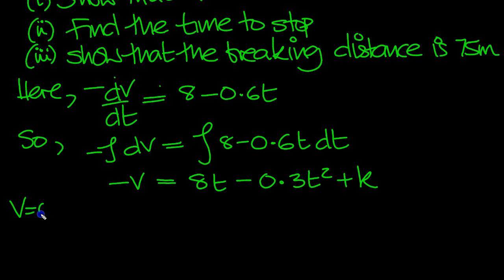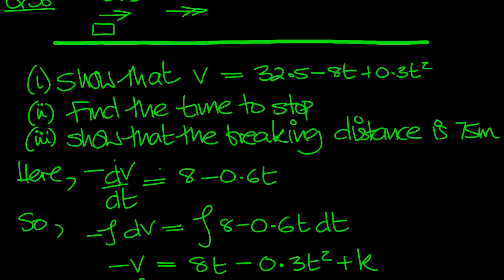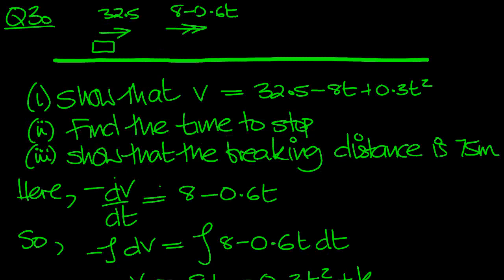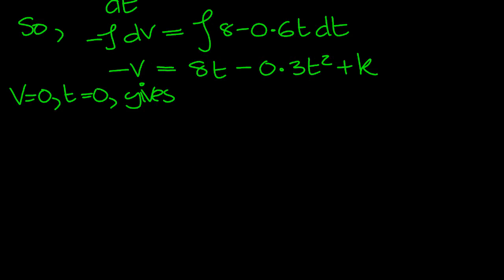Now, at time t equals 0, v is equal to 32.5. So let's put that in. Minus 32.5 is equal to, t equals 0 means these will be 0, plus k.